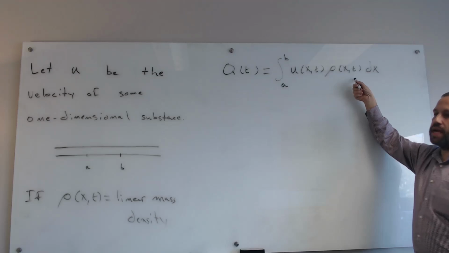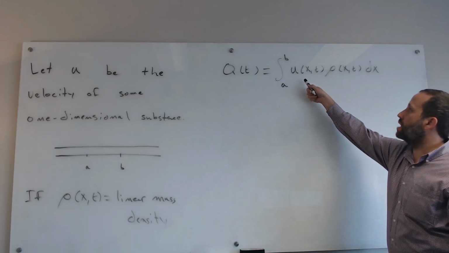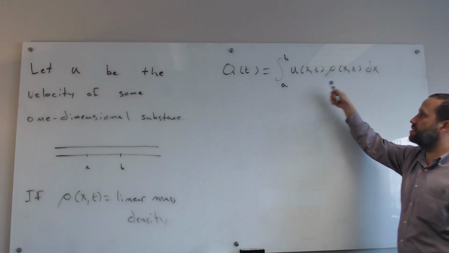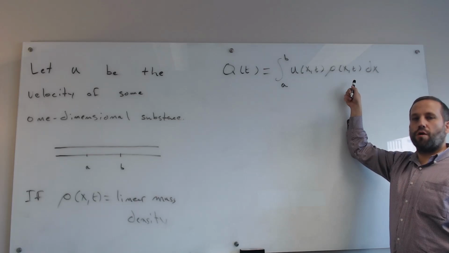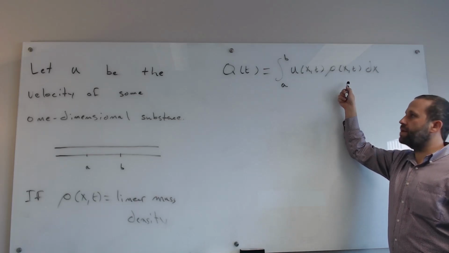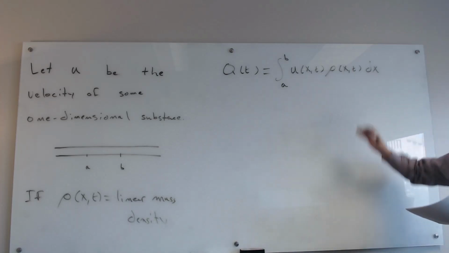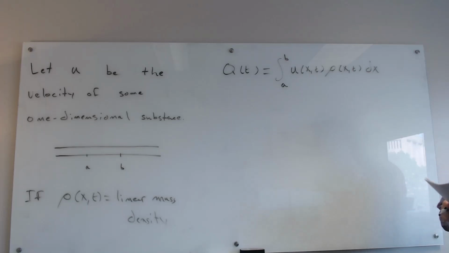If rho of x,t has units of kilograms per meter and dx has units of meters, this has units of kilograms. This is velocity times kilograms. So this is the differential momentum, and we're adding the momentum up from all of the points from A to B. So this is the momentum in the interval A to B.